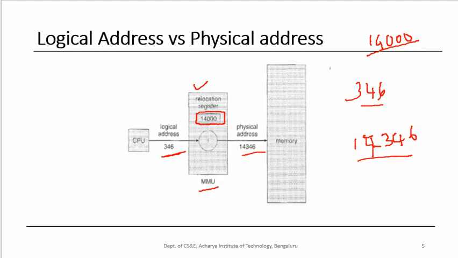This we will have to keep in mind. We will elaborate on this when we discuss different memory management schemes. This is very important. The addresses generated by the CPU or the program when it is getting executed are logical addresses, and these logical addresses are to be mapped to physical addresses, and this is done by the memory management unit.